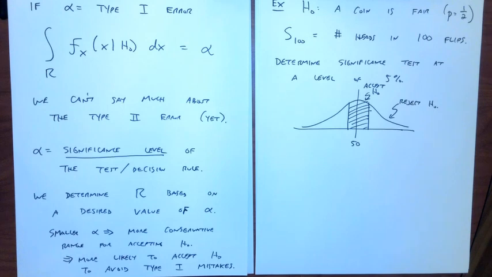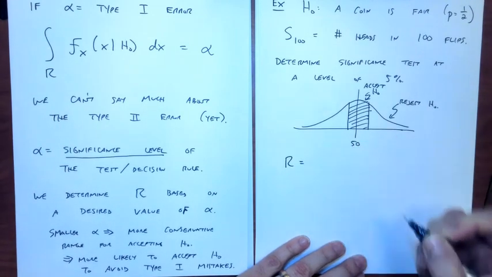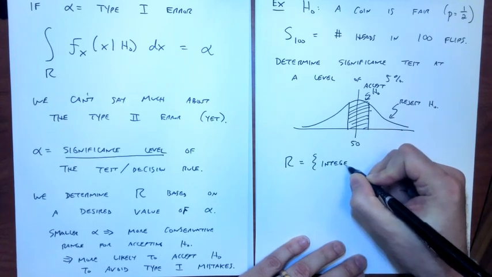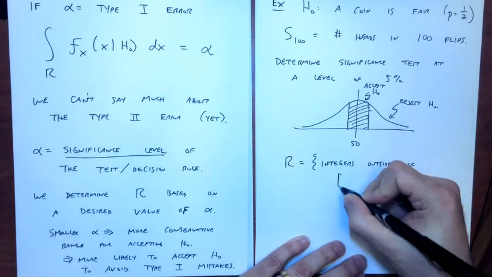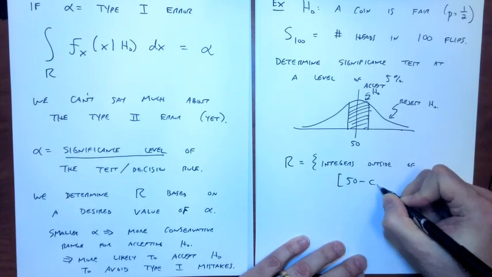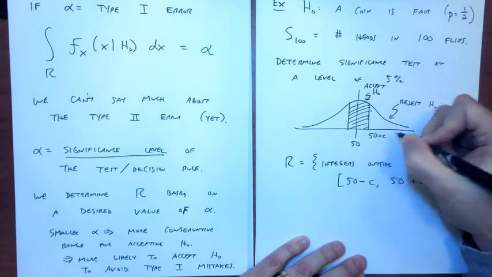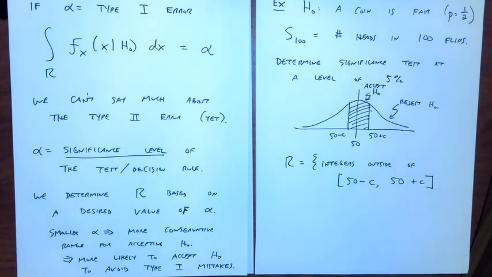Okay, so the region that I have is going to be something like the integers outside of this range, 50 plus or minus some number. So the question is, how wide should I make this band?